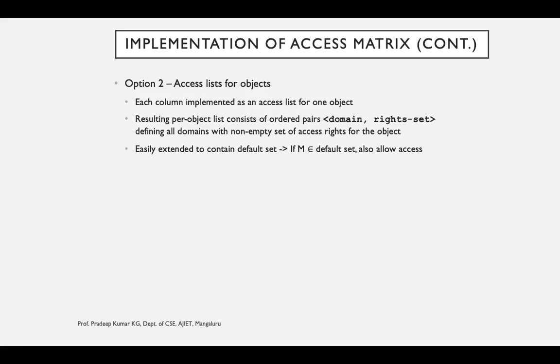Then we can have a non-empty set of access rights. For all those objects, there should be an access list, and in that access list, whichever domain wants to access, only those entries have to be written. That is what this terminology means.